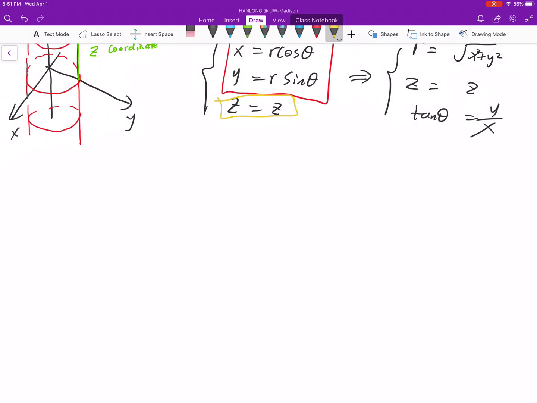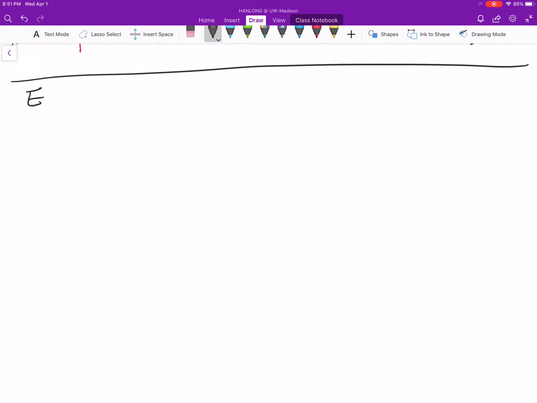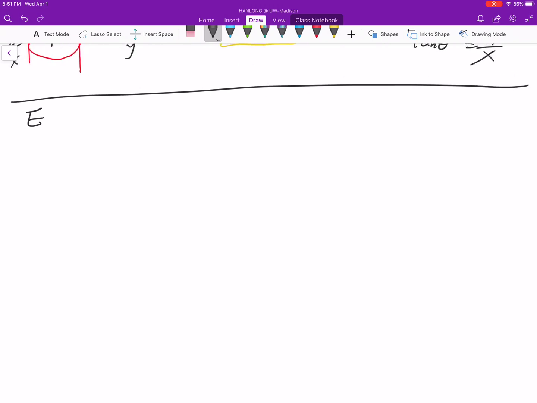Okay, now let's look at one problem. Before that, let's do the transformation law for the integral in cylindrical coordinates. Suppose now your region is bounded by the following data.